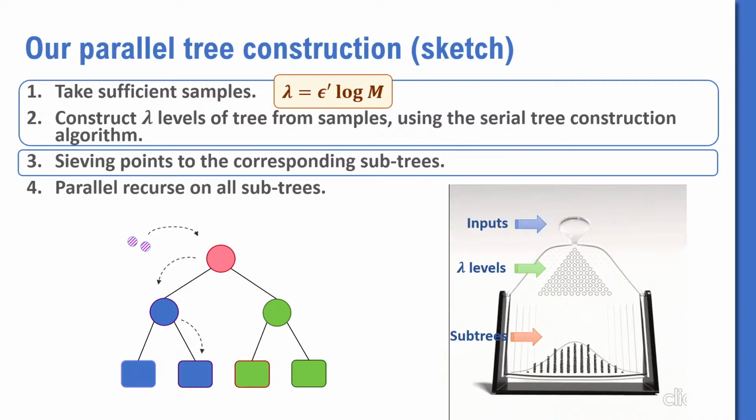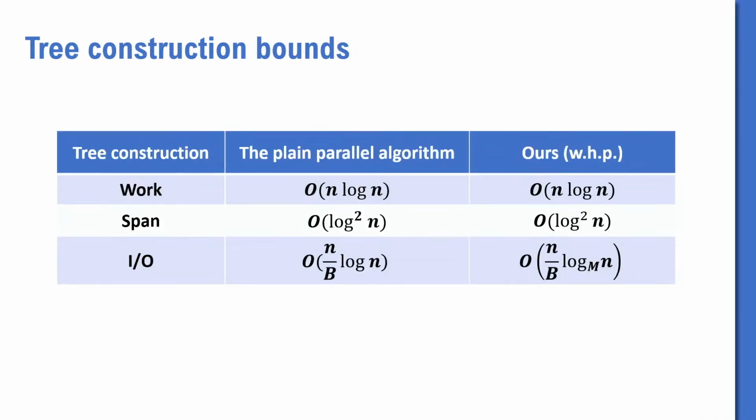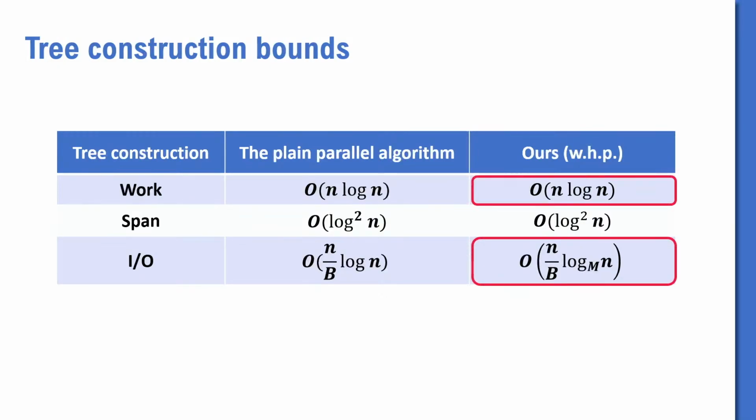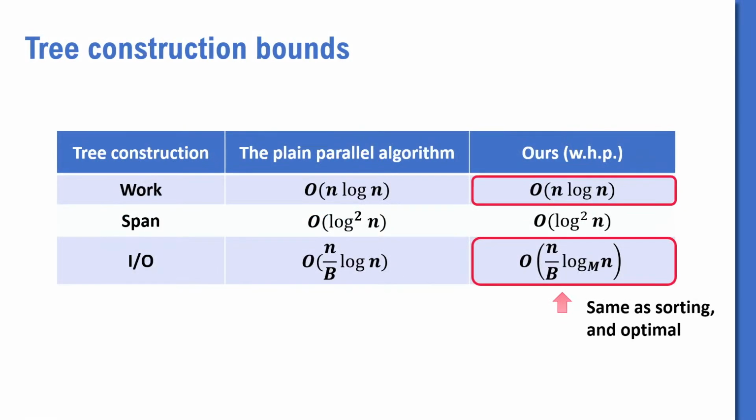Okay, so that's the two parts here, and to put them together, we'll have a work, span, and I/O bound. You can show that both the work and I/O bounds are optimal, and the same as sorting. And then we can achieve polylog span, which means the parallelism is also very good.